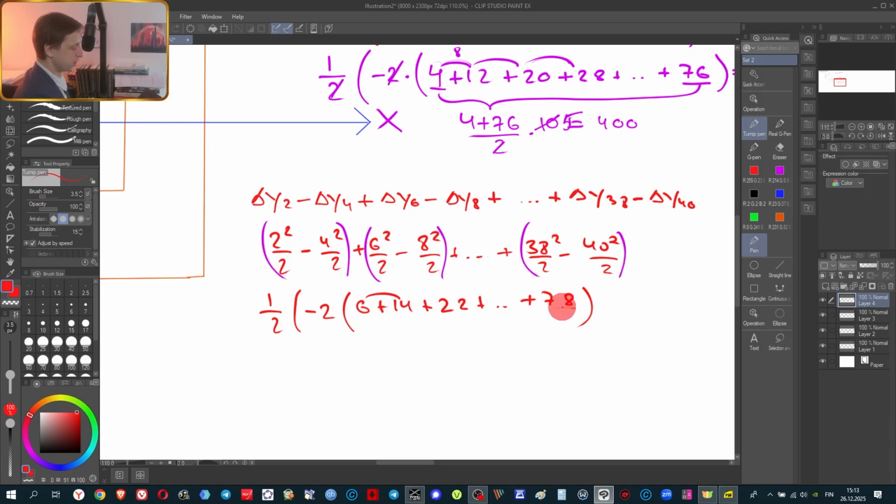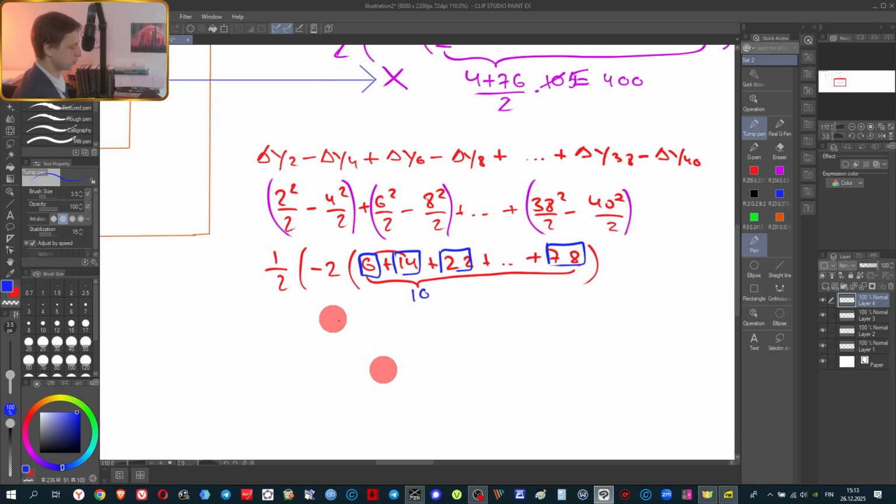And how many numbers do we have here? We will need it eventually. 78 minus 6 is 72, divided by 8 is 9, so it reflects that we have 9 jumps here, and it is the 10th number. Again, we have 10 numbers in total.